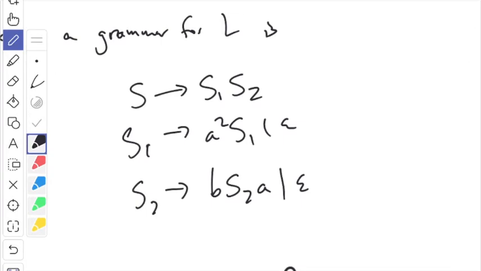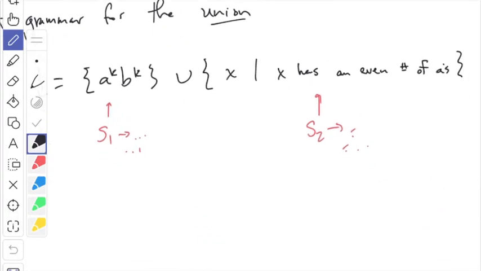For the union, I want things which are either in S1 or S2. Yeah, S1 bar S2. Yeah, so to get the union, this is not just in this example, this is always how you do it. You start with S goes to S1 or S2, like that. And then you just fill in. S1 goes to whatever, S2 goes to whatever, right?